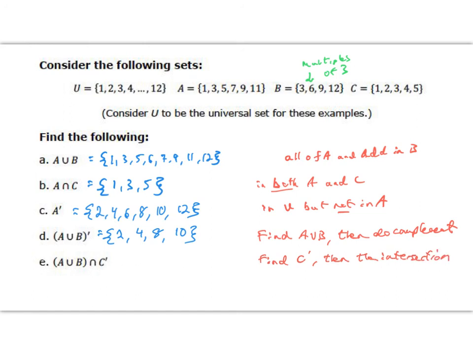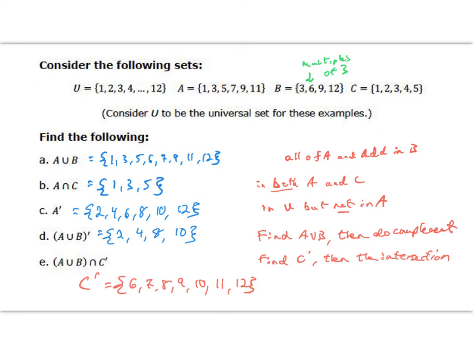Now the reason I say that is because, once again, we already know what the union is. It's right up here from part A. So I need to consider what C's complement is, and C's complement is going to be all of the numbers that go from 6 to 12, because C contains the numbers from 1 to 5, so the complement must be everything that's above 5.